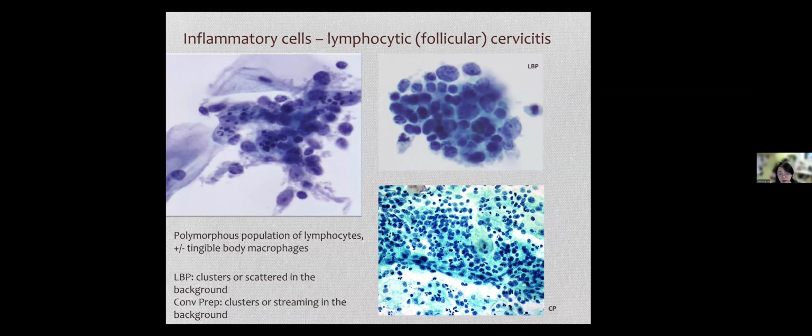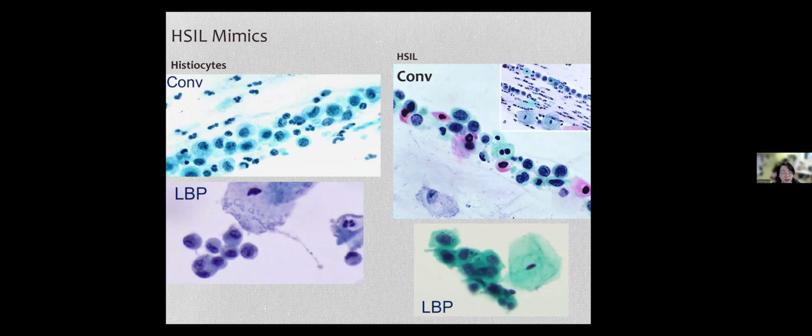Inflammatory cells, especially follicular cervicitis. In the liquid based, on the right upper corner, some of the lymphocytes, probably immunoblasts, can mimic HSIL, but just look at the adjacent cells and you can recognize they're lymphocytes, smaller in size. This is actually a lymphoid follicle, not HSIL. Another mimic is histiocytes.